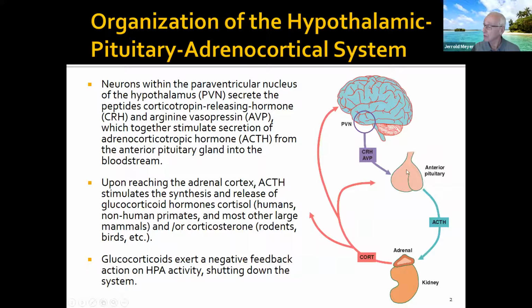The receptors for glucocorticoids here in the anterior pituitary and up here in several areas of the brain, when activated by glucocorticoids, tend to inhibit subsequent release of CRH. Therefore, they dampen the system. They prevent the stress response from continuing, assuming it's an acute stressor, and allow for recovery of cortisol concentrations back to baseline.